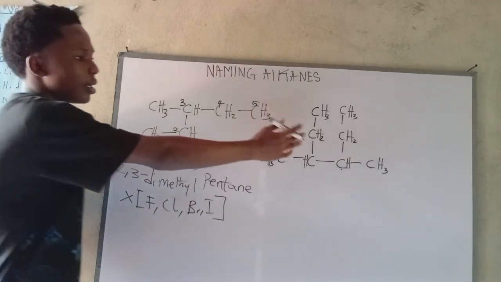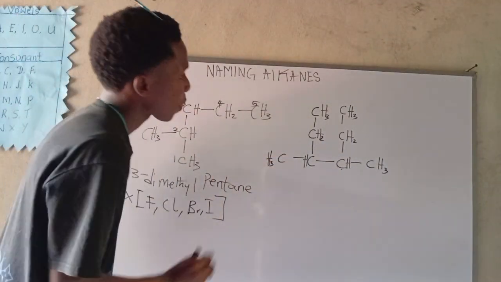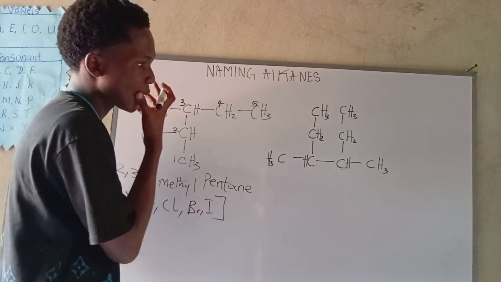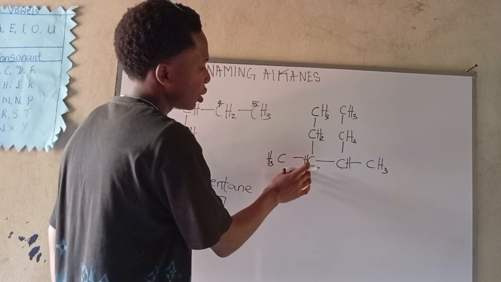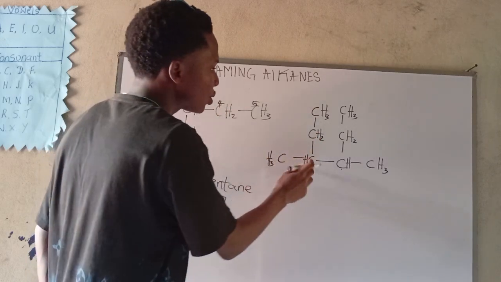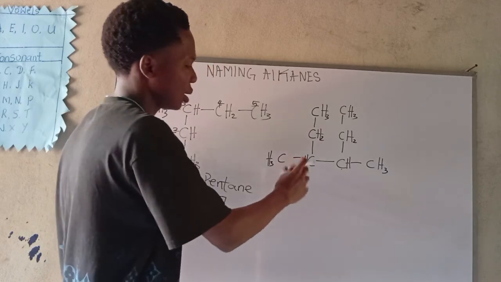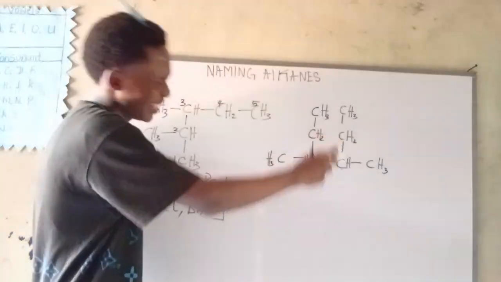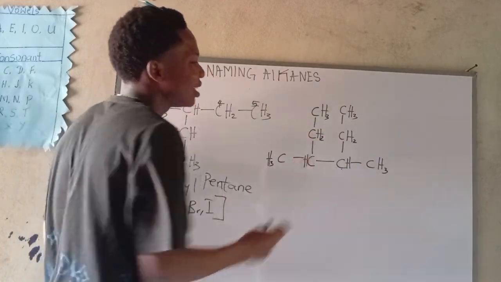Okay, guys. So now let's look finally at this one. Looking at this, what do we do? Let's count like this: 1, 2, 1, 2, 3, 4. No, that's not our longest route. 1, 2, 3, 4, 5. I think this should be the longest, right? Fun fact, this is neither the longest.